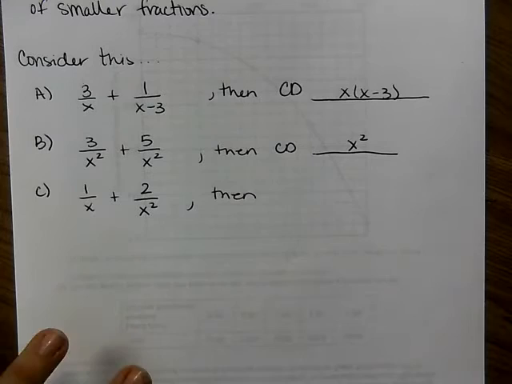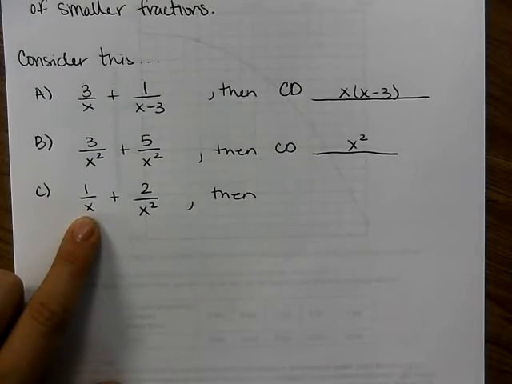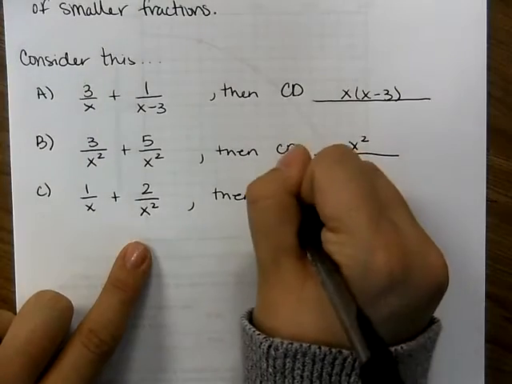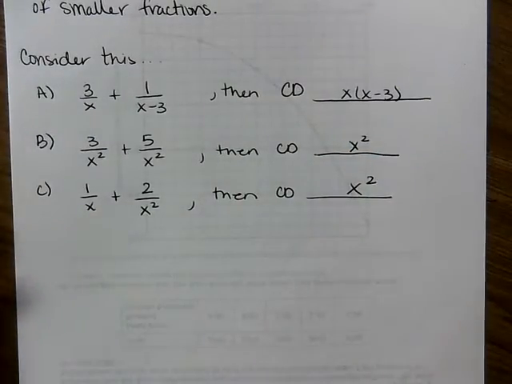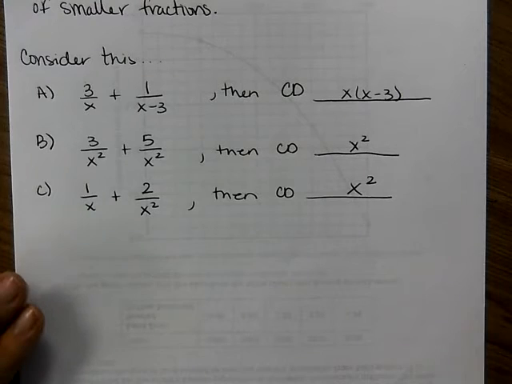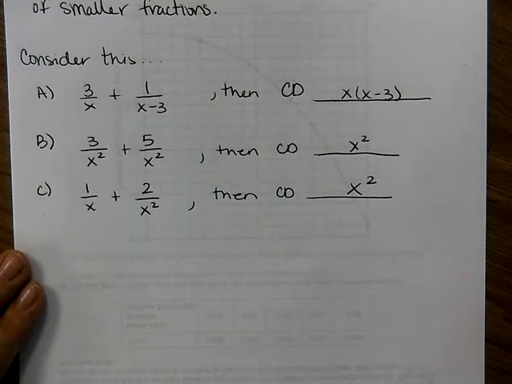So it's still only x squared, right? X cubed would just be too big. It doesn't need to get that big, right? So you could just multiply this piece by x, giving you an x squared. Okay? So notice that B and C have the same common denominator even though their pieces were different. Okay?